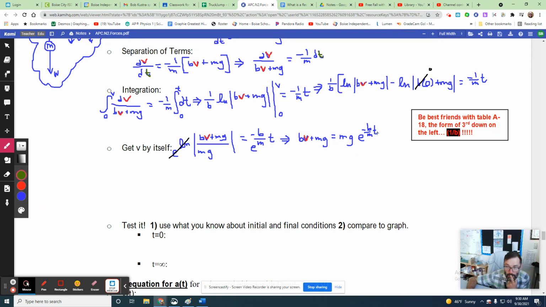We want to get velocity as a function of time. So look, we've got it pretty good. We're just a few little algebra steps away. We're just going to move all this stuff over. So we're almost there. And so we'll do the next little step right here. Maybe I could have v is equal to mg e to the negative b over m t minus mg.